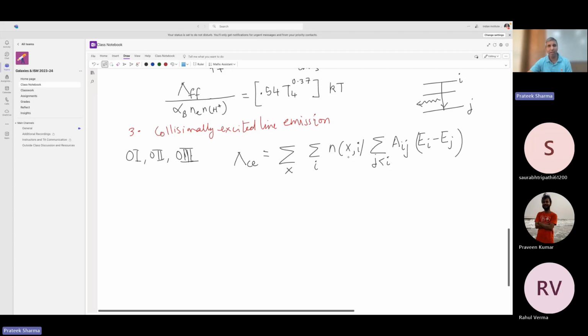N_X,I is the number density of ion X in energy state I. So if there are these lower states, you can have decay from here to here, here to here.